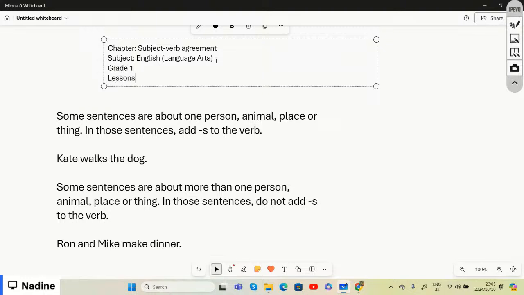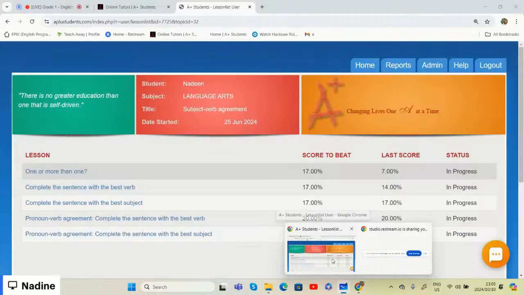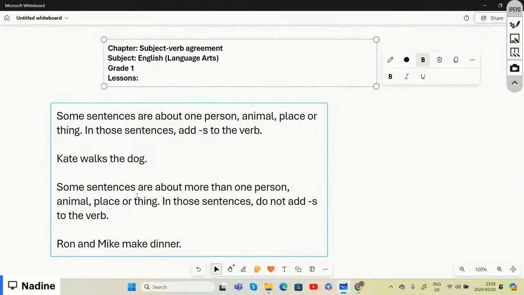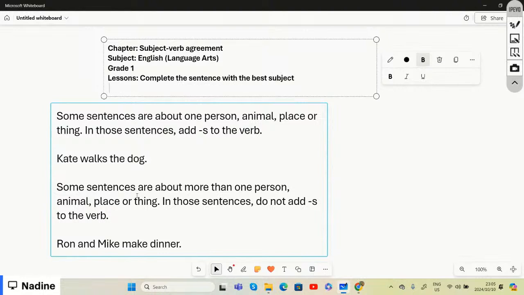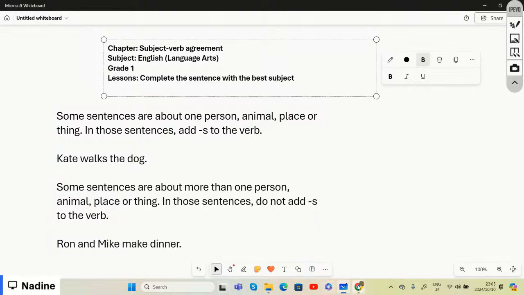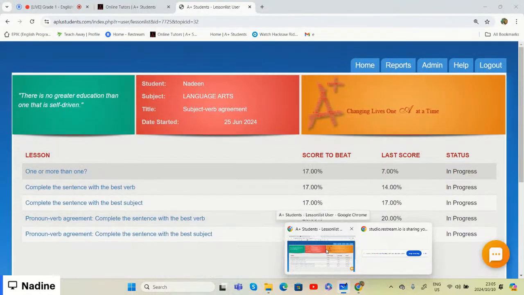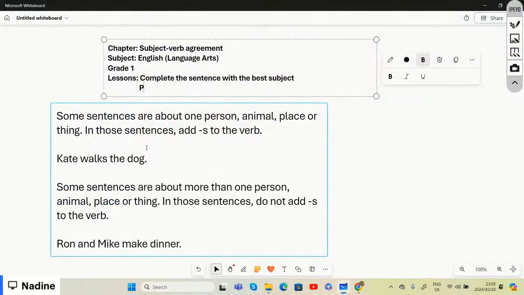In the lessons that we are going to be focusing on, because this is a continuation of our previous lesson, we need to complete the sentence with the base subject, and pronoun verb agreement.